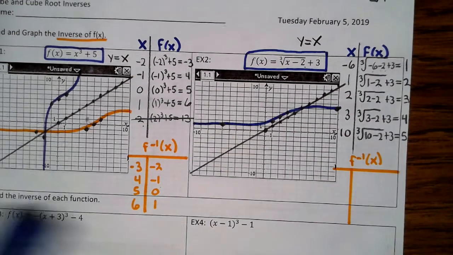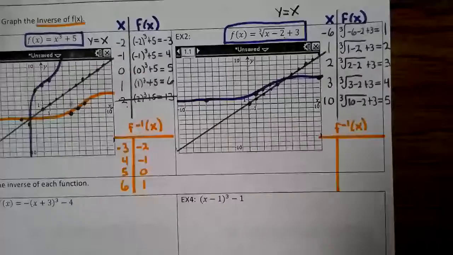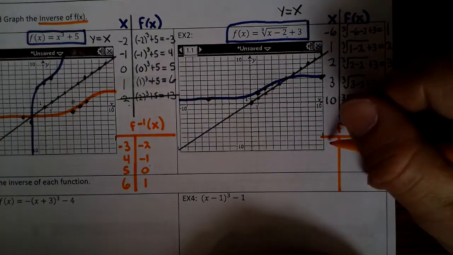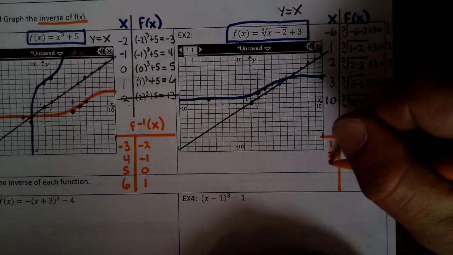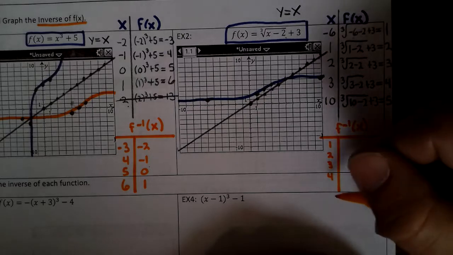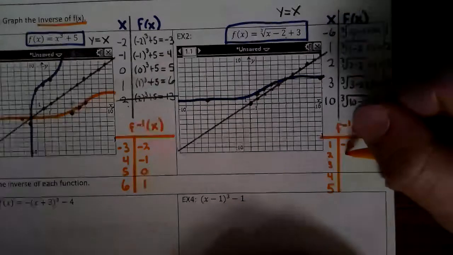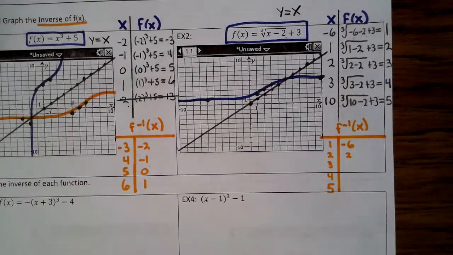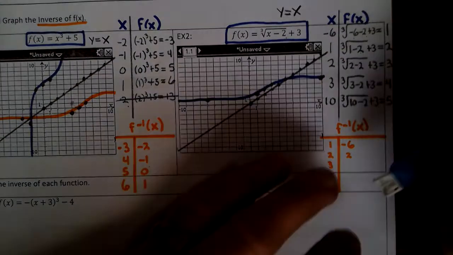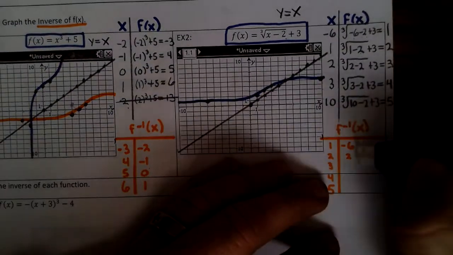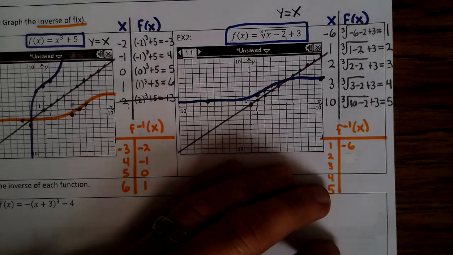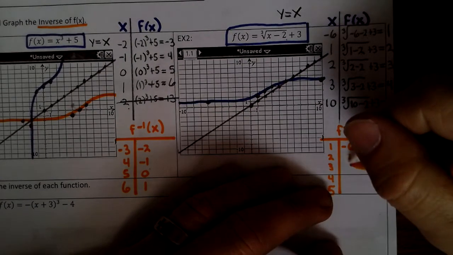So 1, 2, 3, 4, 5, and -6, 2, -6, 1, 2, 3, and 10.